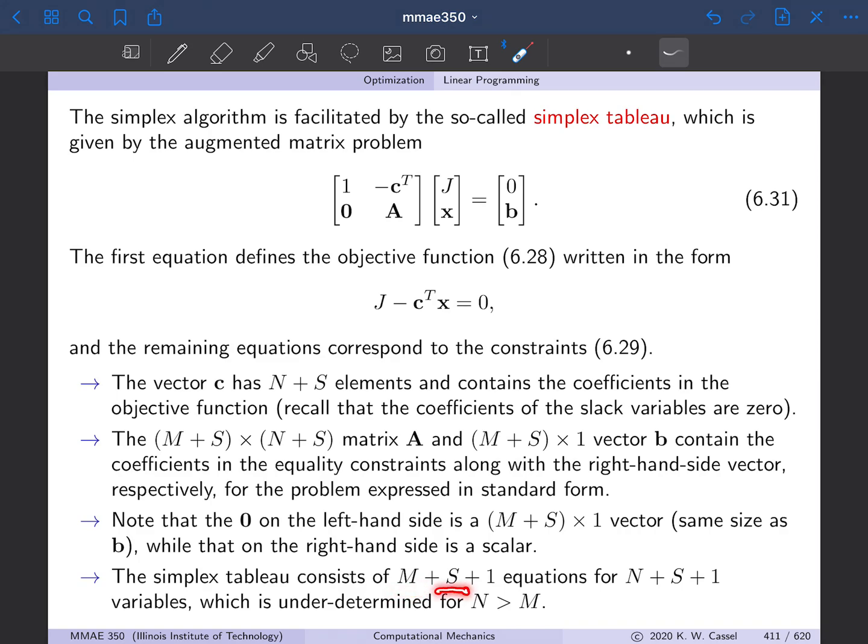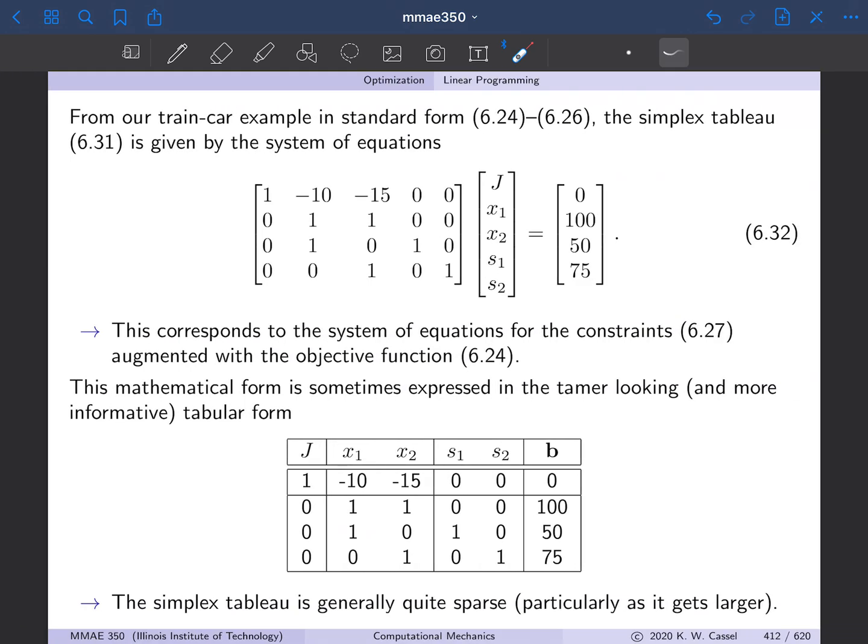The s equations come from the original inequality constraints, which have been converted into equality constraints, which are now part of A. And the 1 comes from the objective function, which is that first row of the equation. The number of variables is n plus s plus 1. The n is the original design variables, plus the slack variables that we've introduced, plus J. So that's the 1. Now remember, n is always bigger than m. So the number of design variables is always bigger than the number of equality constraints in the original problem. Otherwise, we wouldn't have an optimization problem at all.